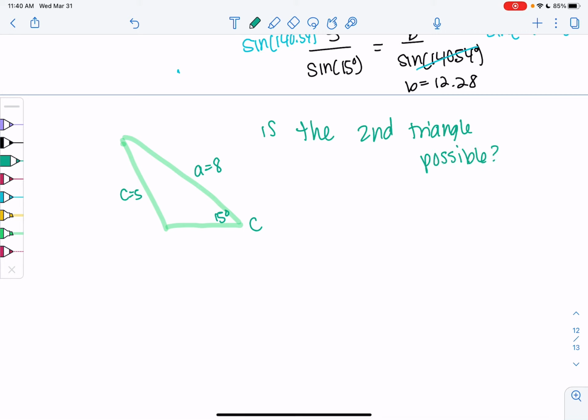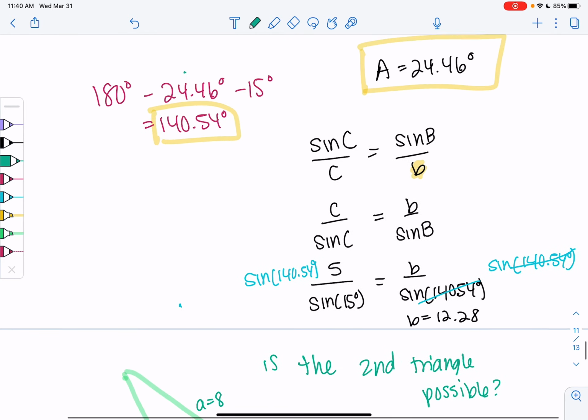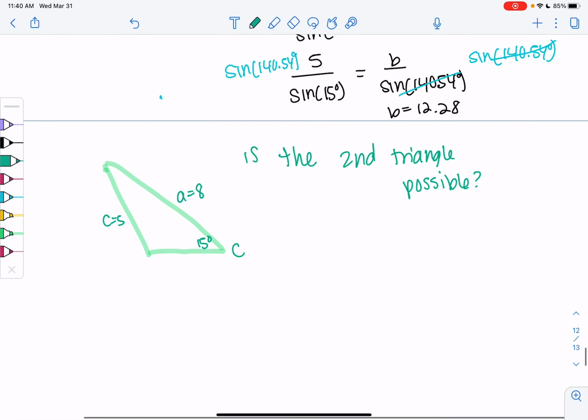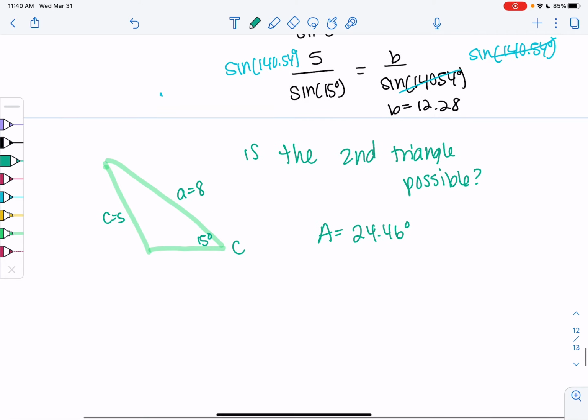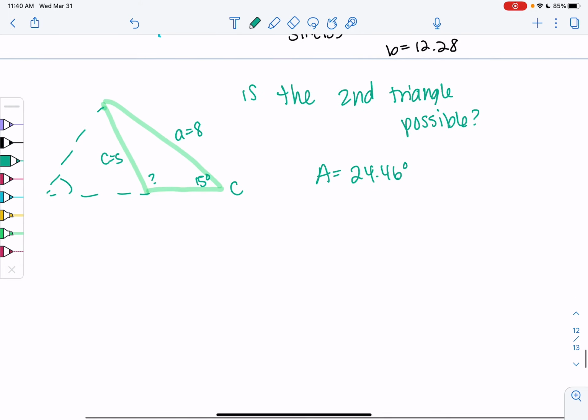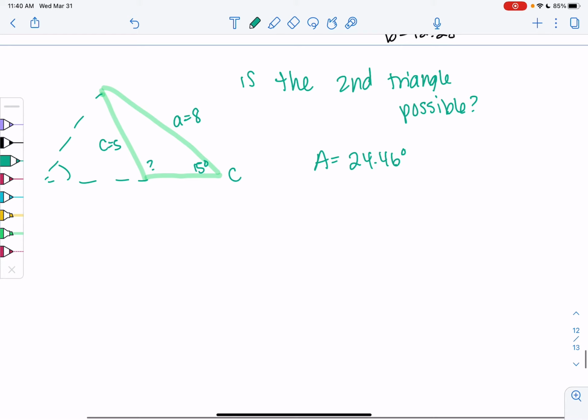So we'll go back. What we're going to do is find the supplement. So what did we find? We found A was 24.46 from above. So that would be A out here, right? And now we're going to check, does the supplement also work? So we'll check the supplement. Remember, supplements are just 180 minus that.